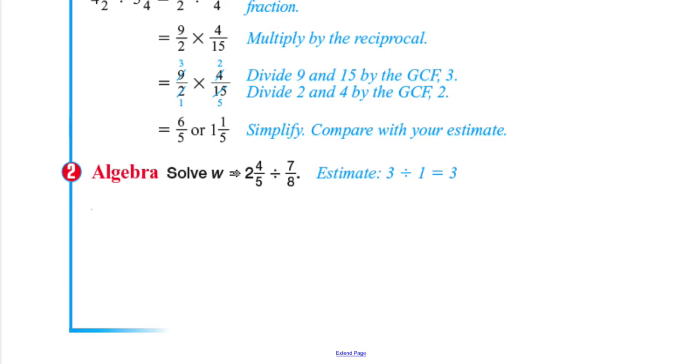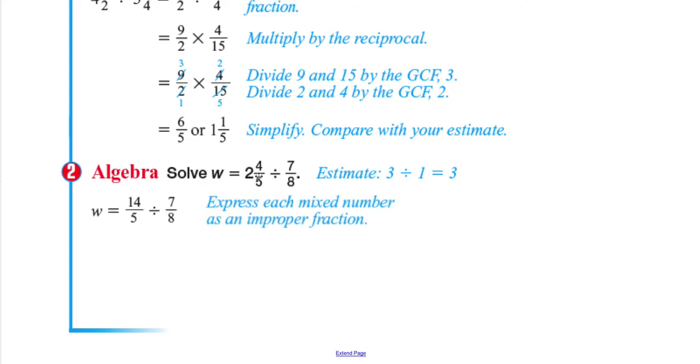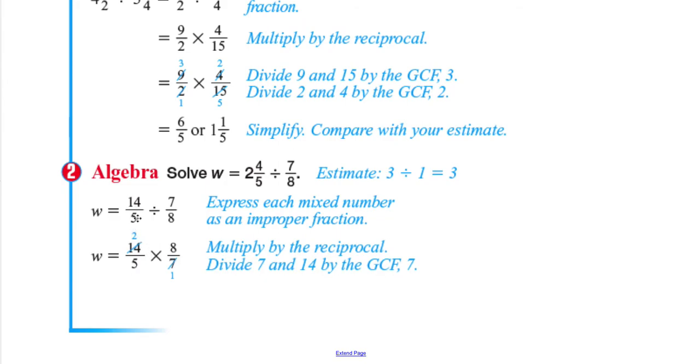Let's express the numbers as improper fractions. 7/8 we don't need to touch, but we can change 2 and 4/5 into an improper fraction, which is 14 over 5. Again, don't find the GCF yet. Find the reciprocal of 7/8 first, which is 8 over 7, multiplied by 14 over 5. After we have a multiplication operation, now we can find the GCF.